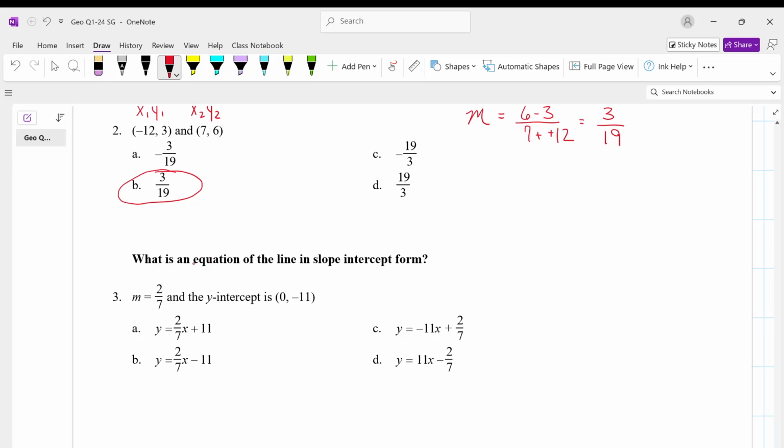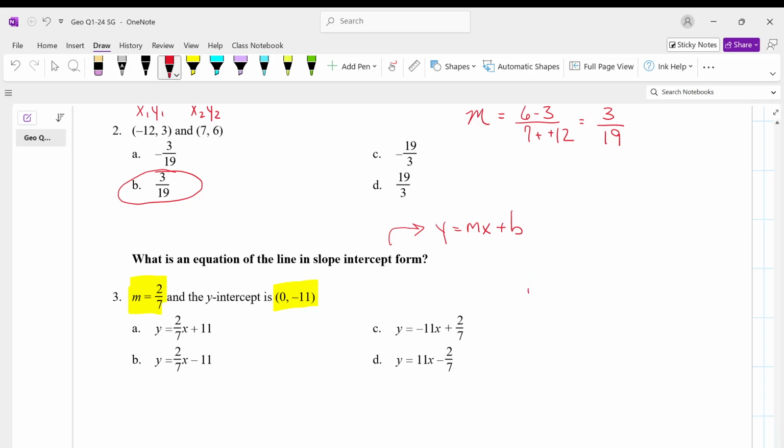Problem number 3, what is the equation of the line in slope-intercept form? Remember that slope-intercept form is y equals mx plus b, and you are given the m, and you're given the b indirectly.